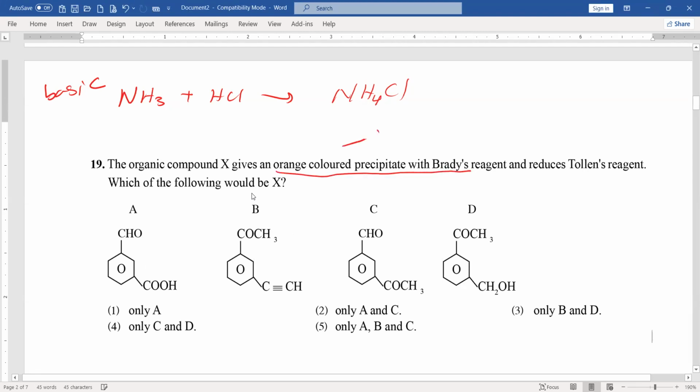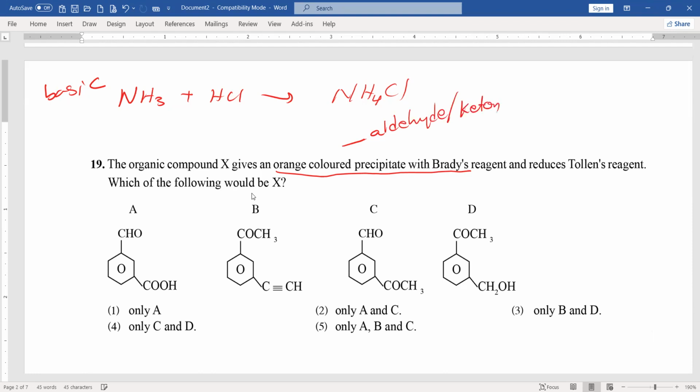Then it must be an aldehyde or ketone. Or simply we call that a carbonyl compound. It must be an aldehyde or ketone. Next one, Tollens' reagent.